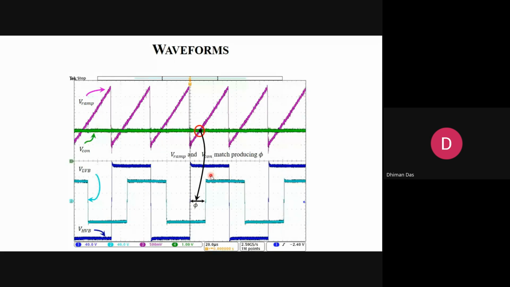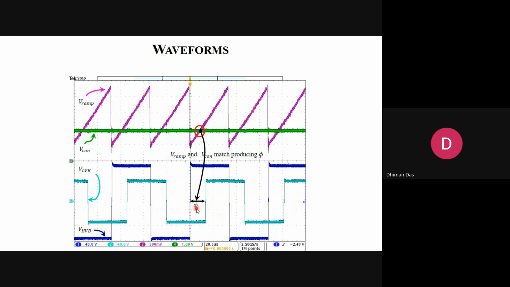Now this V control is a constant value. If instead of a constant value I use some small 1 kilohertz signal, then this green value will oscillate at 1 kilohertz.